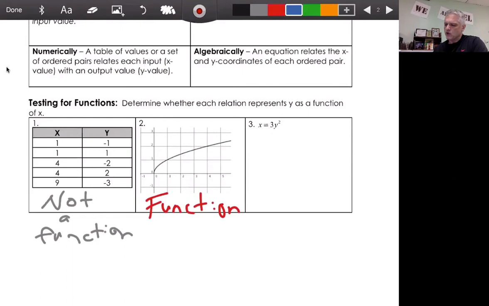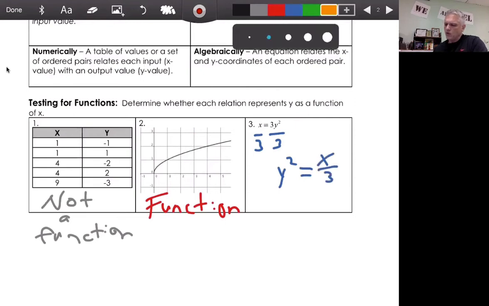So if I'm going to solve for y, first I have to cancel out that 3. So I'm going to divide both sides by 3. So I've got y squared on one side, and I've got x over 3 on the other side. Now, we're going to have to cancel that squared.